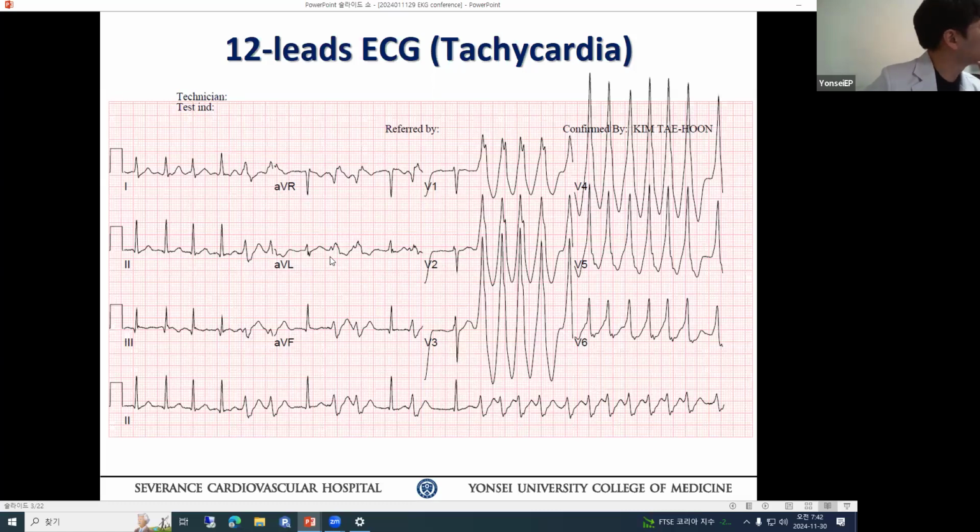Lead aVF. Yes. Yeah, the first initial almost isoelectric. So where would you say this pathway is? What kind of pathway does this? He just finished the general cardiology with EP subspecialty training. Okay, good.